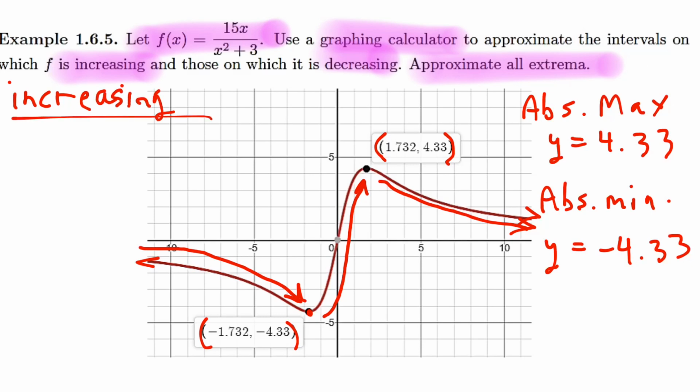Okay, so we're talking about an interval. Increasing and decreasing intervals are open intervals, so we're always going to have smooth brackets. So this point right here, the x value is negative 1.732.